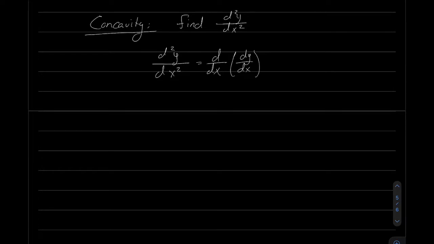So for concavity, remember, we need to find d squared y over dx squared, right? That's the second derivative. So we do have a formula. So d squared y over dx squared, well, that's going to be d/dx of dy/dx, right?